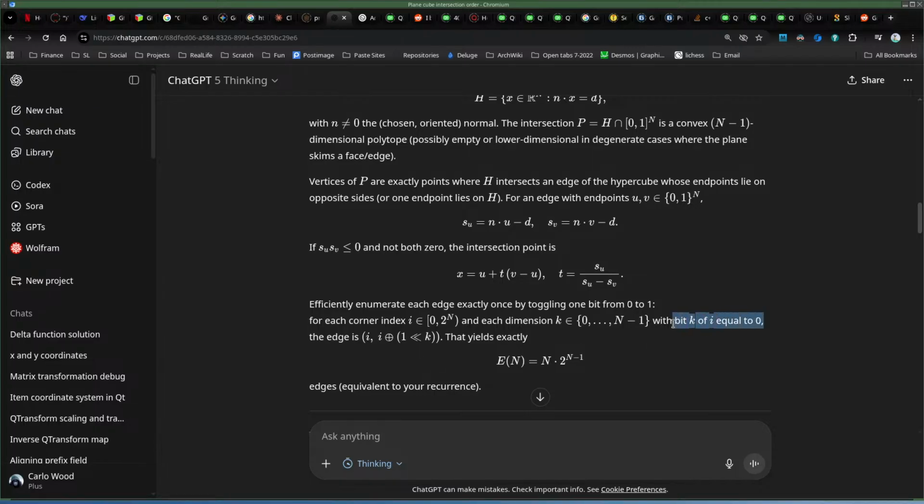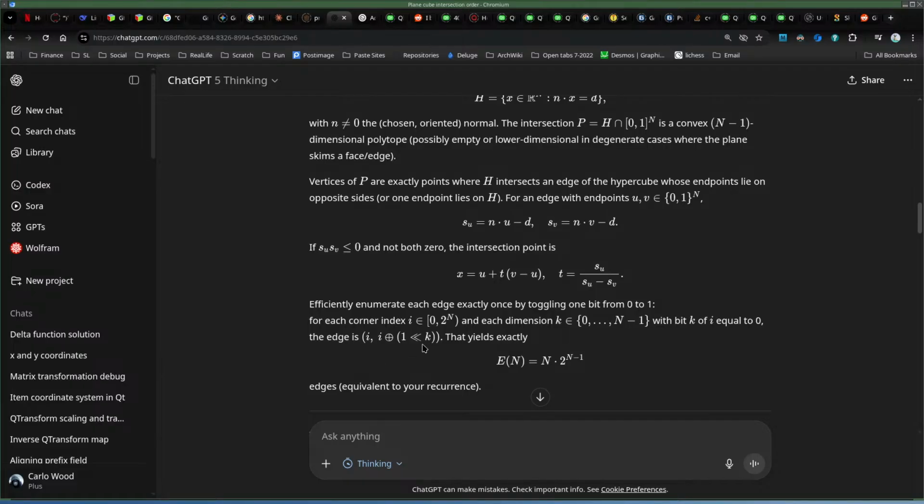This seems nonsense. This is just exclusive OR, so it just toggles 1 bit. Yeah, maybe this determines an ordering. Say the bit here is 0 and the bit here is 1 on this side, and not the other way around.